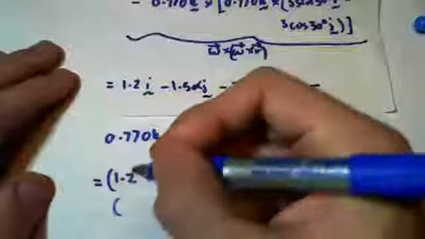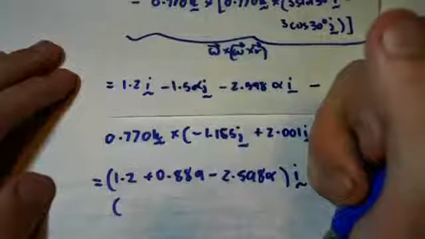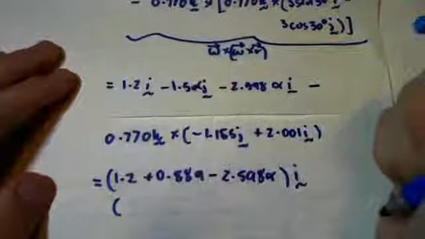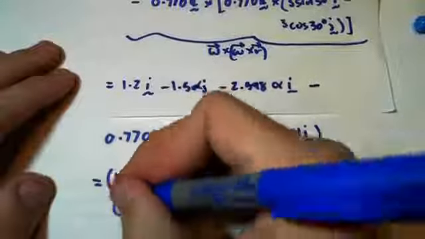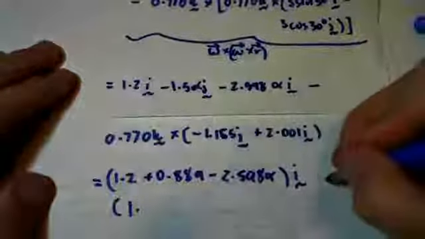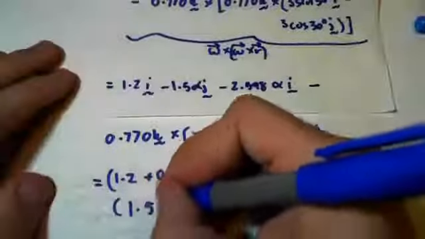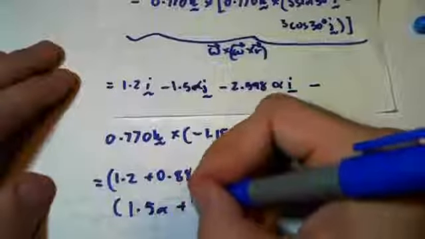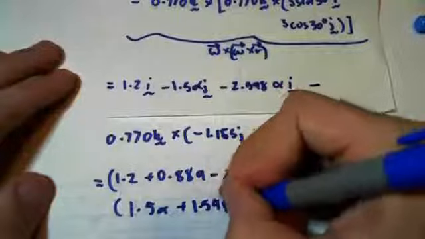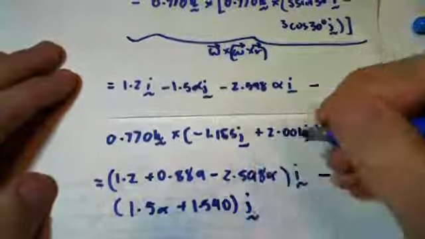And we're going to add the j components, and the j components end up being minus 1.5 alpha plus 1.540 in the j direction.